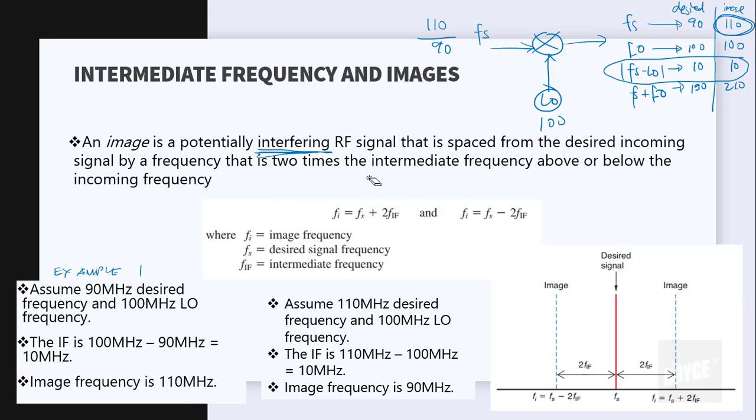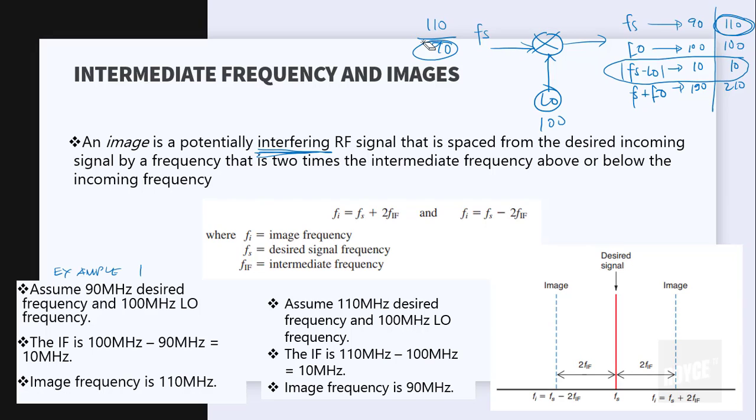So, another, pwede naman kasi is nasa high side naman siya. Desired natin 110. Ito yung desired. Local oscillator natin 100. Tama? So, magbabaliktad lang ito. So, yung 110, 100, IF niyan is 10, sum niyan is 210.